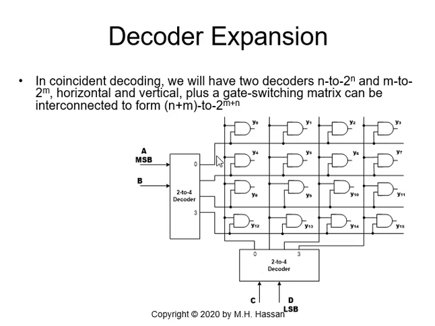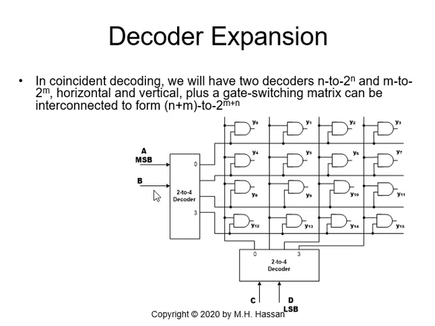Y0. So if this is active high and this is active high, the AND gate Y0 will be active, while all the other outputs will be inactive, zeros.